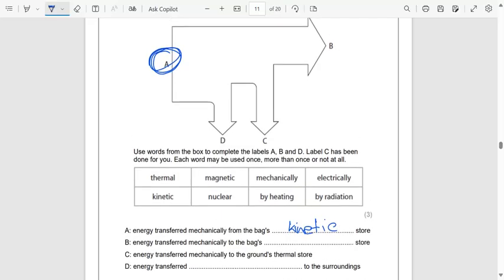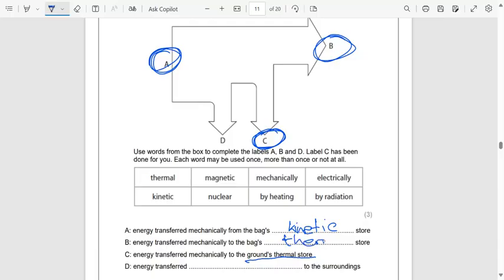And then you can see here, when it lands, all right, then the ground is going to get heated up, okay? And that's C, right? So that's energy being transferred mechanically to the ground's thermal store. So if the ground gets hot, okay, then I think it's okay for us to assume that the bag's going to get hot as well.